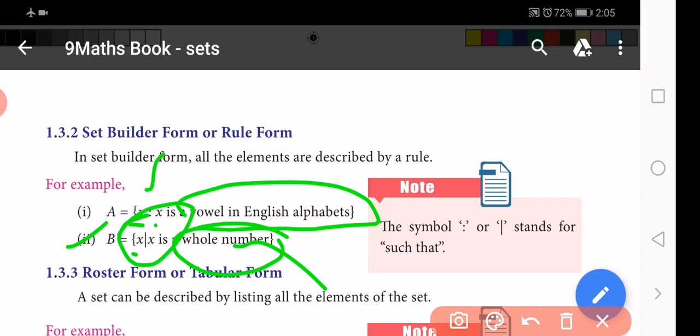So set builder or rule form means we describe a set by indicating the common property among all the elements.